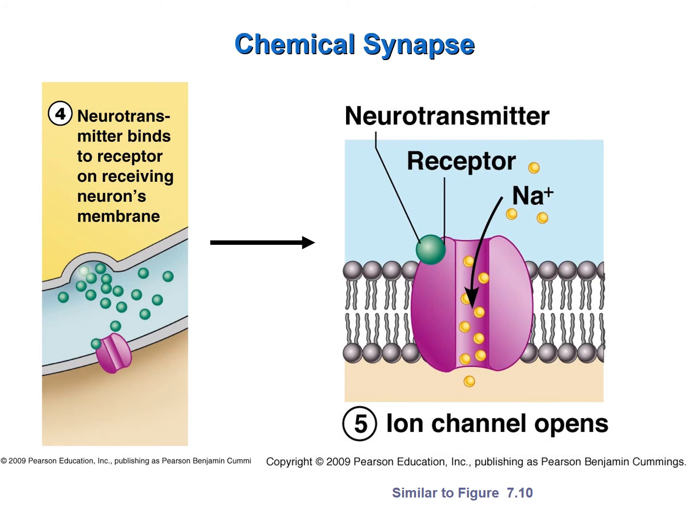This will cause a local depolarization in the dendrite of the receiving cell. If enough neurotransmitters bind enough receptors, the local depolarization will be of a sufficient magnitude to cause a depolarization to spread into the axon hillock of the receiving neuron, causing the production of an action potential in that receiving neuron.